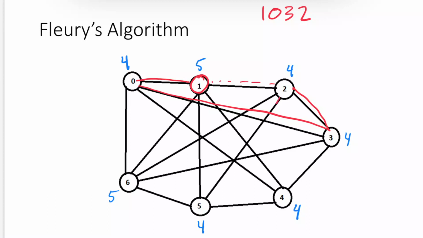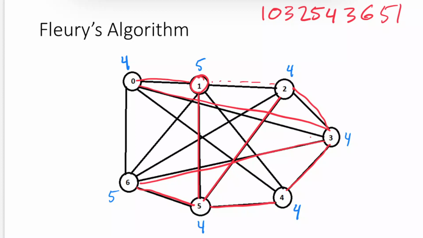So I'm going to choose this one and go to vertex 5. Then maybe I'll go over to vertex 4. And then I'll go to vertex 3 and maybe go over to 6. So maybe I'll go to vertex 5. And then at this point, I only have one option to go back to 1. So I'll go back to vertex 1.